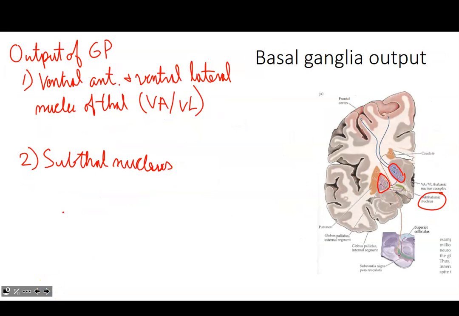So this is via the internal segment. And so we'll abbreviate this GPES, and information flowing to the subthalamic nucleus, that's the external segment.